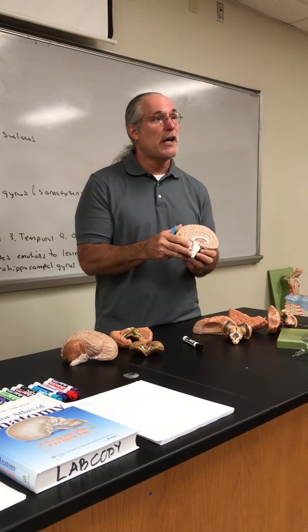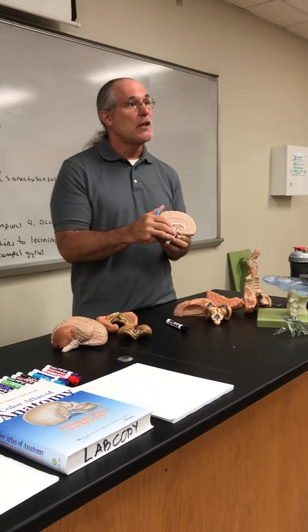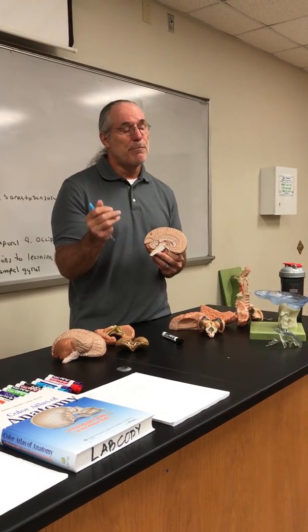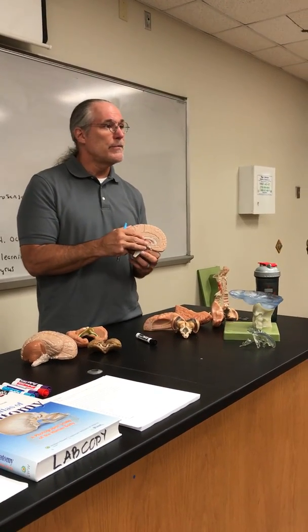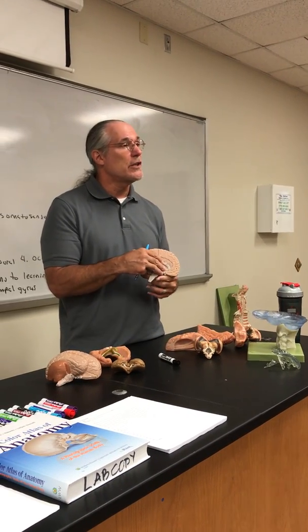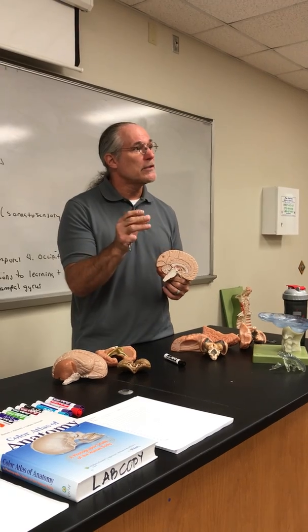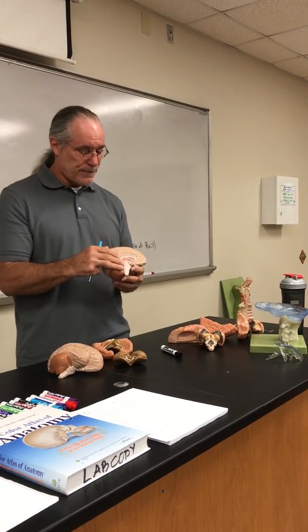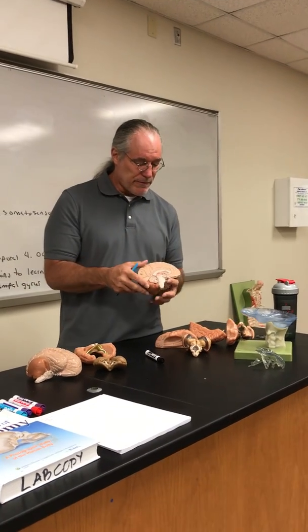Some of those basal nuclei are like the amygdala for the emotions. You have the lenticular nucleus, which is the globus pallidus and the putamen. And you have the caudate nucleus, which has to do with complex cognitive functioning. Those are all examples of basal nuclei.